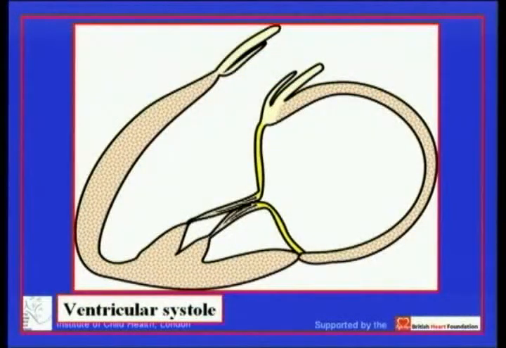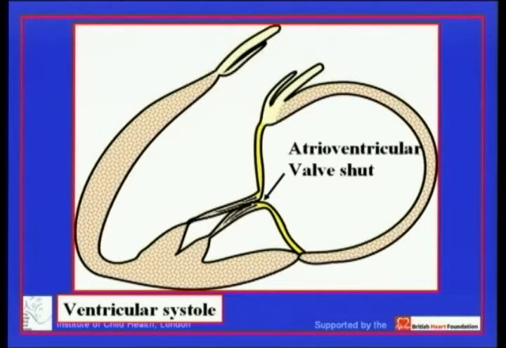So if we look at that situation here, I'm displaying to you the situation in ventricular systole, which hopefully is known to all of you. The atrioventricular valve is shut. The ventricle is contracting to force blood out through the arterial trunk. So for the larger part of ventricular systole, the arterial valve is open.